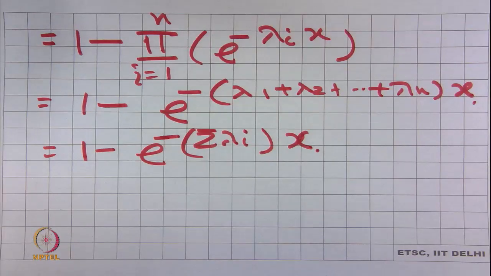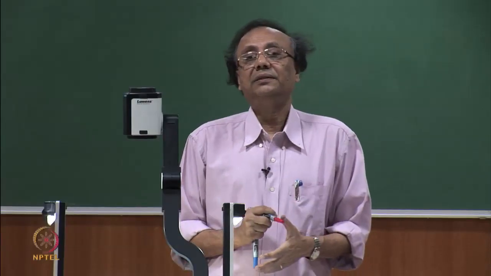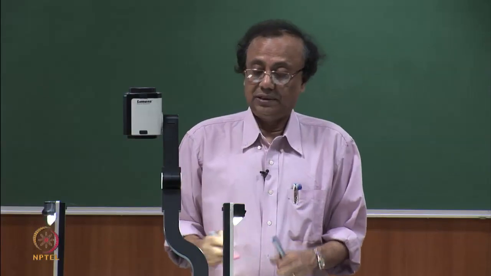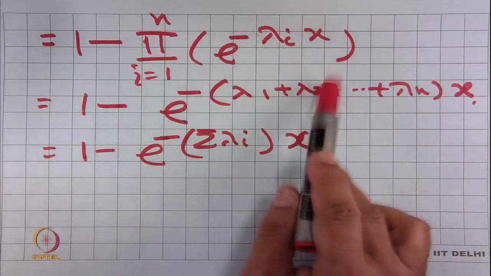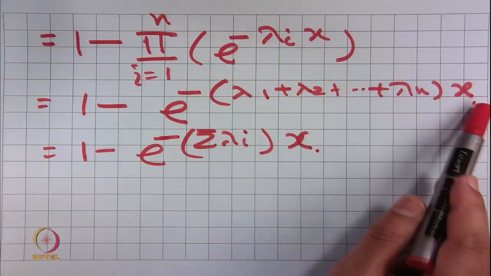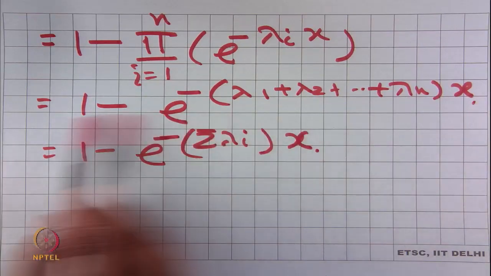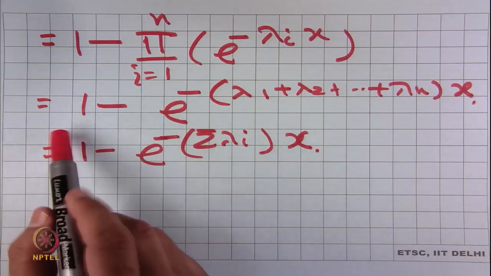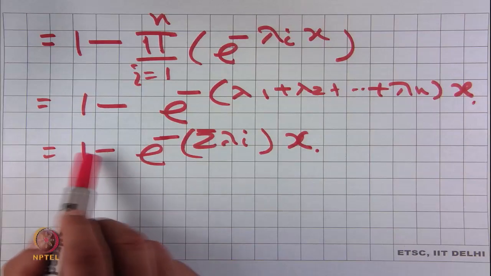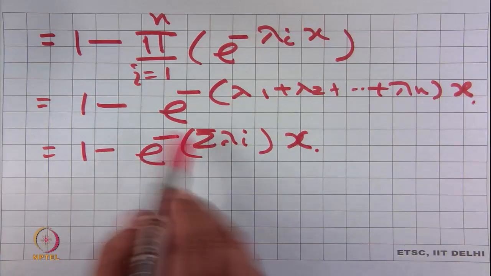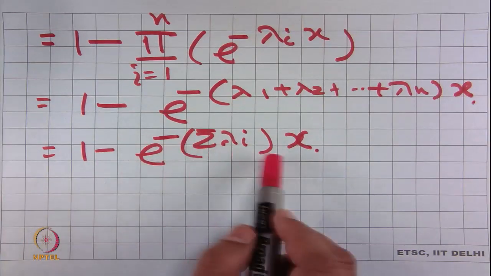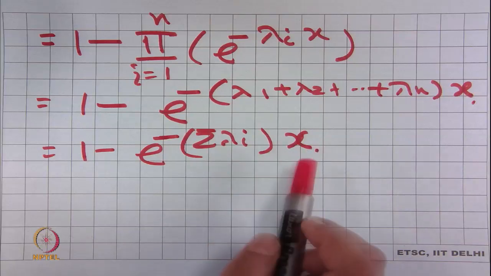Therefore, we see that the actual result is more generalized. Even if lambda 1, lambda 2 and lambda n are all different, then the CDF is going to be 1 minus e to the power minus sigma lambda i into x.